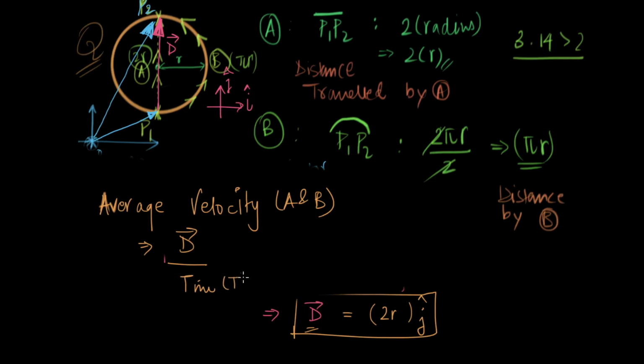So if we have the time to be, say, t, then the displacement vector would be 2r by t j cap. So the average velocity would be 2r by t j cap. So that means this would be a velocity in the j direction. So the average velocity would still be in this direction, in the y direction.